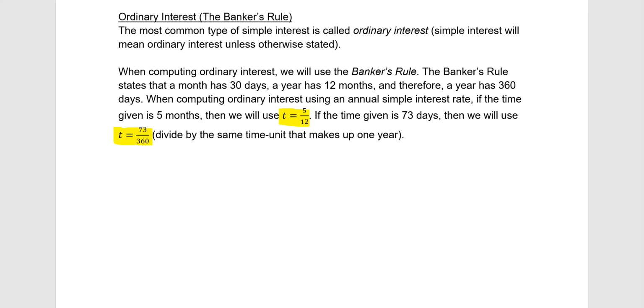So essentially whatever we're given, we're going to divide it by that same time unit that makes up 1 year. So when we were given 5 months, we divided by 12 because there's 12 months in 1 year. When we were given 73 days, we divided by 360 because using the banker's rule, there's about 360 days in 1 year.